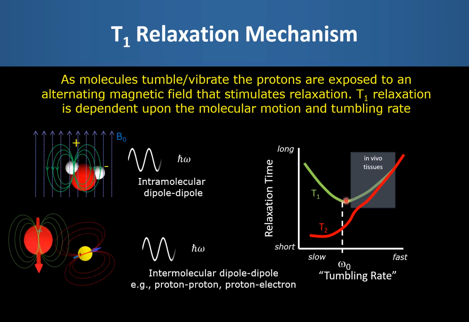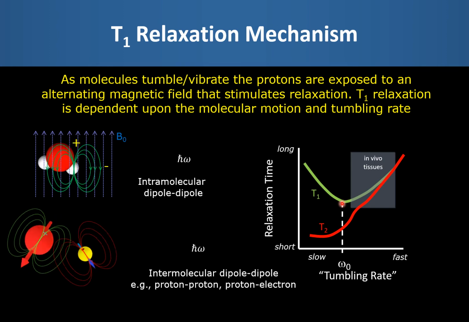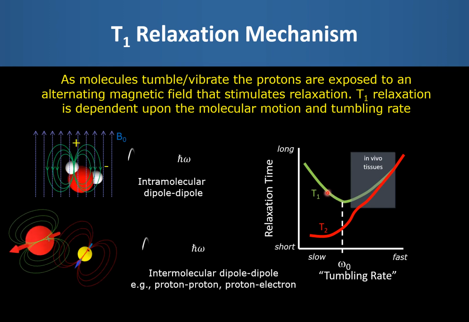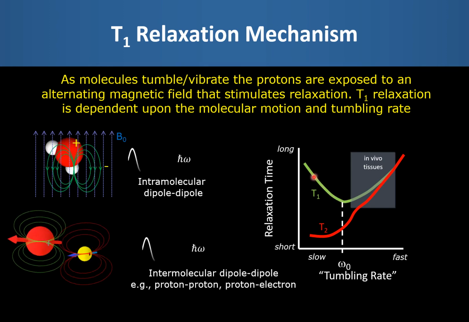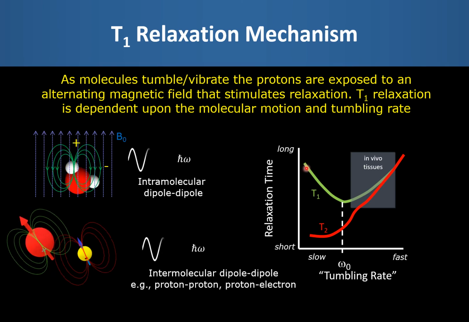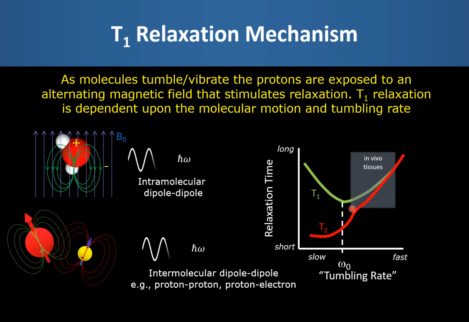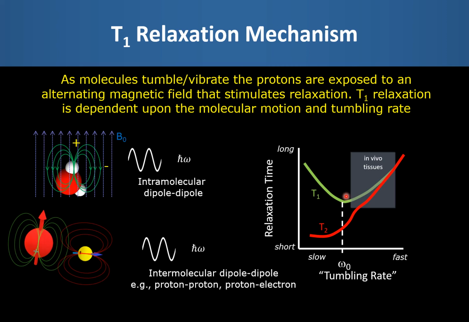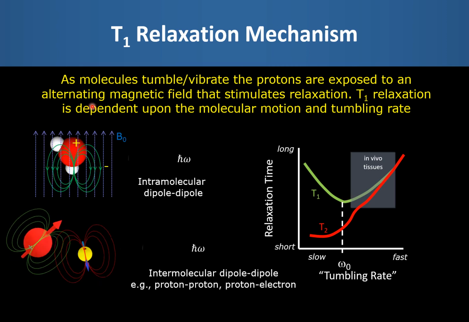However, if the molecular tumbling starts to go slower, then we find that the T1 relaxation time increases again, because we're not matching the relaxation to this sweet spot here.